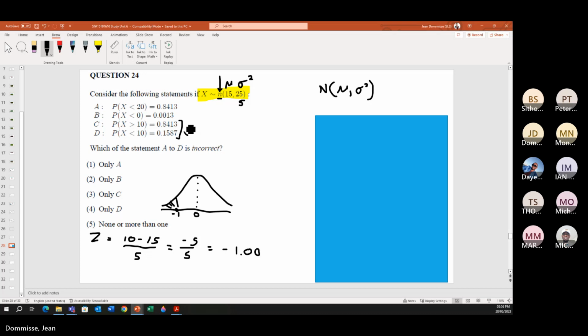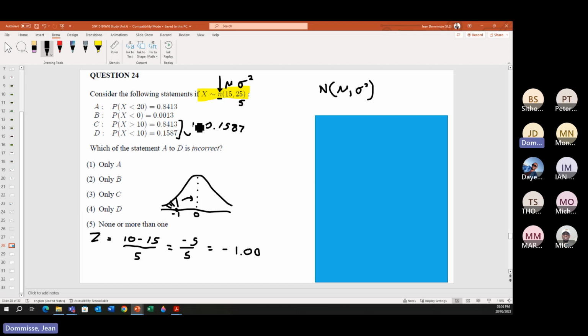When it is bigger, we need to find out what that is. That is 1 minus 0.1587. If we do that, hopefully we will get 0.8413, but let's just make sure.